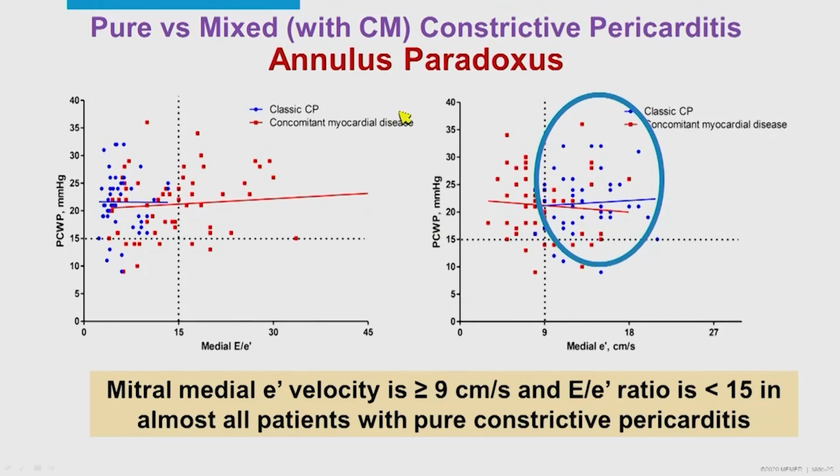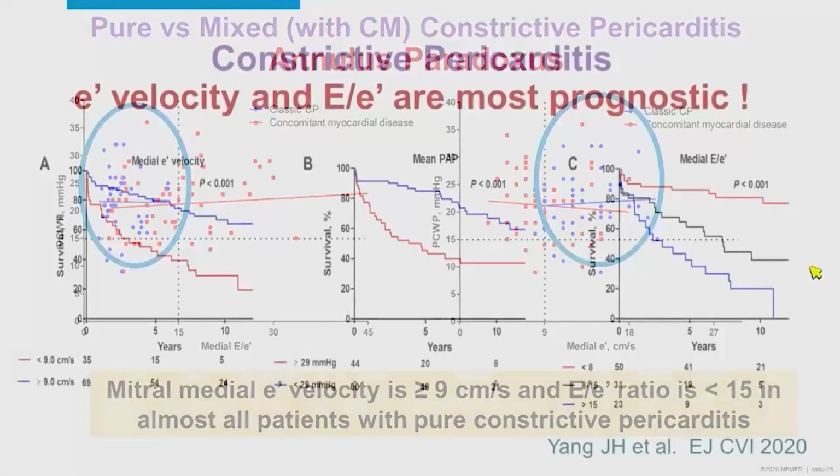But here is, again, an annulus paradoxus, we're calling it: primary constriction with no myocardial involvement, E over E prime is much less than 15, but in the mixed constrictive pericarditis, almost half of them do have the E over E prime of 15, as you see here. So it's a very, very interesting concept.